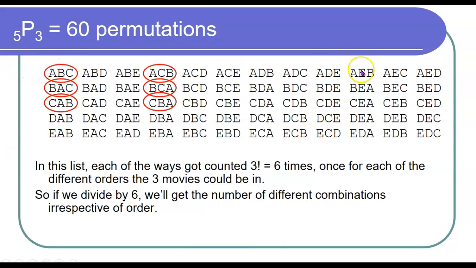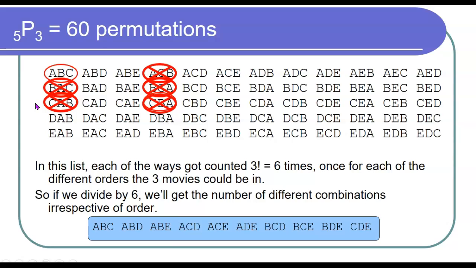So if we want to take these 60 permutations and divide by how many different arrangements there are for each individual set of 3 movies, we'll get the number of possibilities where the order doesn't matter, where each set of 3 movies only gets counted once instead of 6 different times. So now the number of possibilities where order doesn't matter is 60 divided by 6, which is 10.